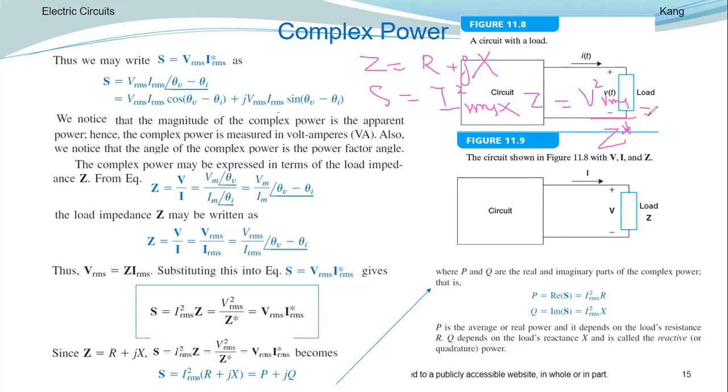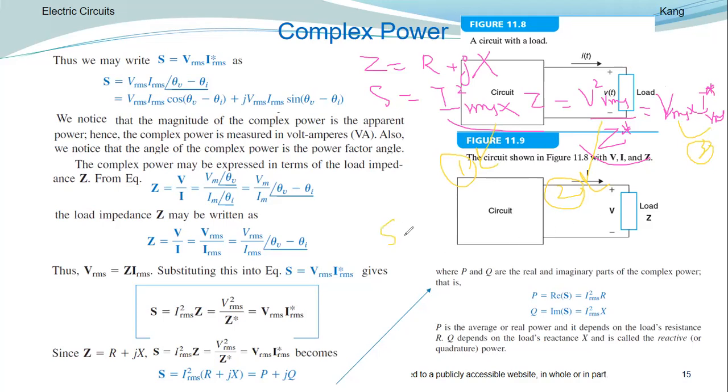This is the basic two parameters used, but there is another formula commonly used to find the value of S, which will be S equals VI. So it is V RMS, but the I value is I static RMS. Remember these. This is the first formula to find S, this is the second, and this will be the third one to find the value of S.